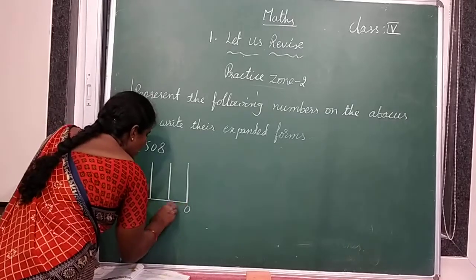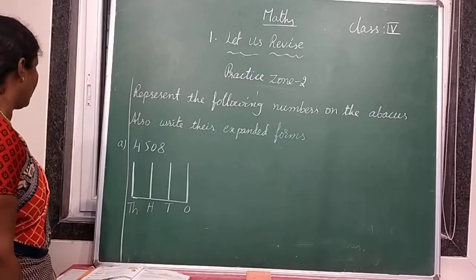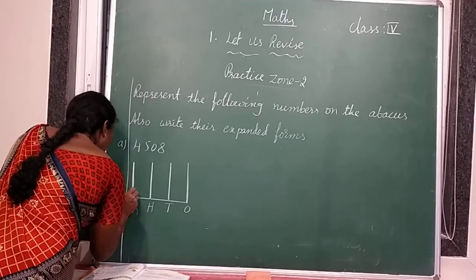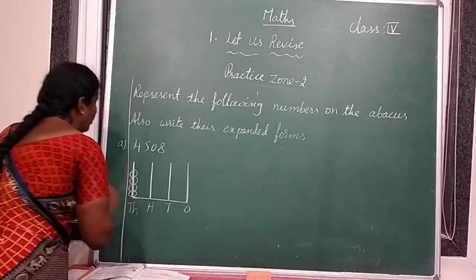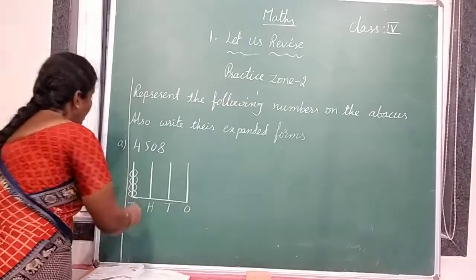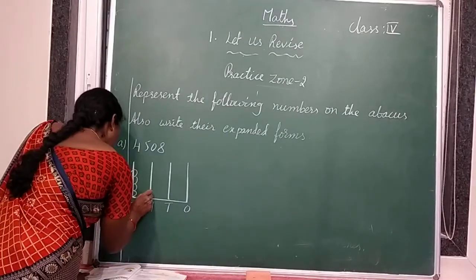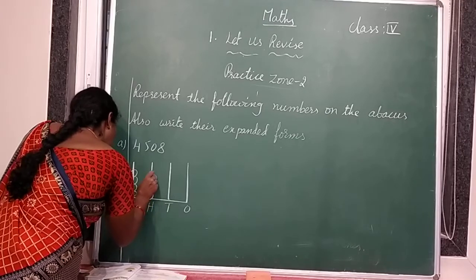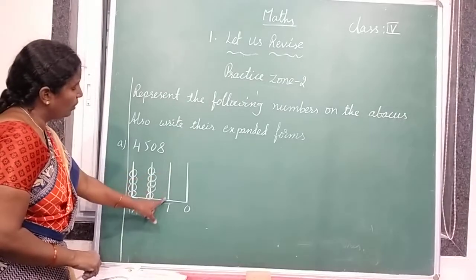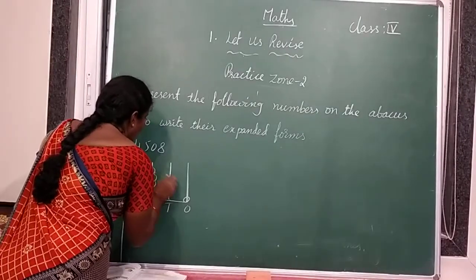Understood? So ones, tens, hundreds, and thousands. How many thousands are there here? How many ones are there? 8 ones.